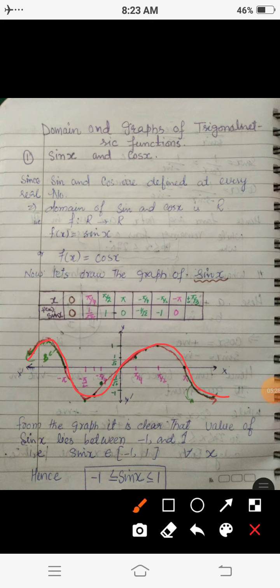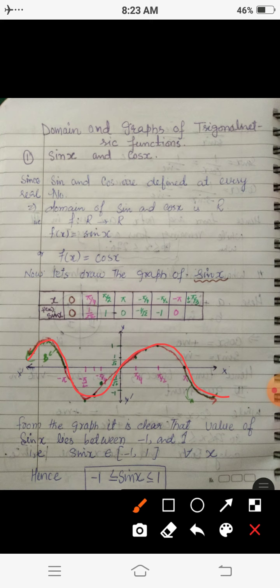Here the range set is from -1 to 1, because from the graph, the value does not cross 1 on either side, either the positive side or the negative side, that is -1. So this means that definitely the range of this sine function is between -1 and 1.